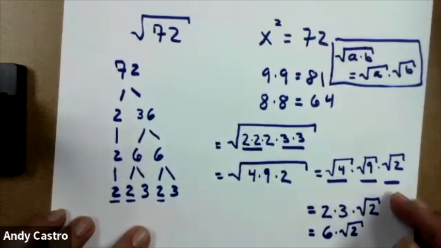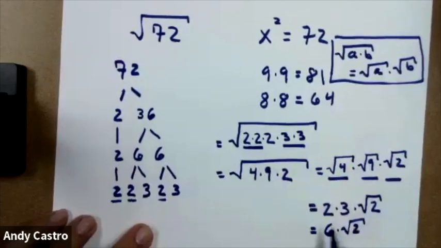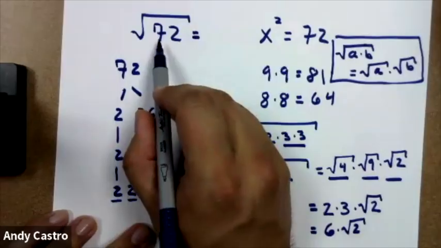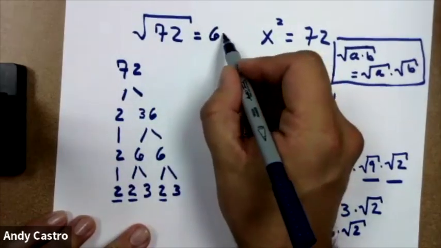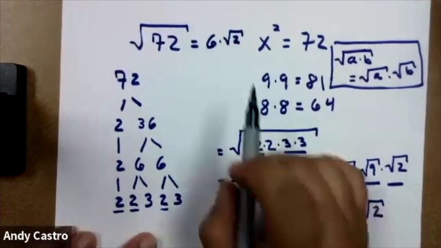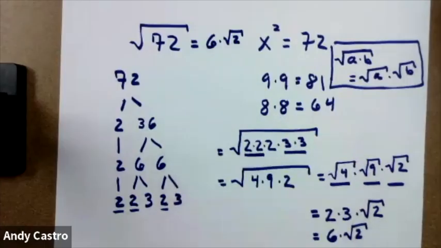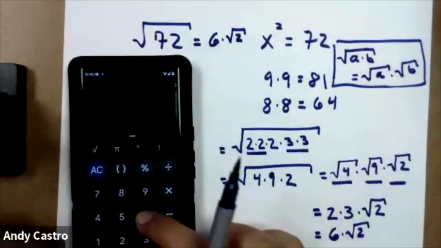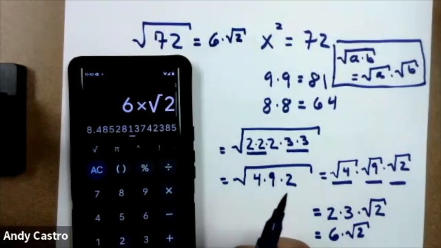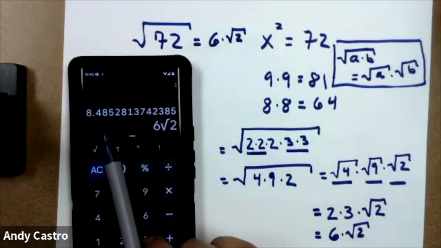So what we're able to do, because 9 is too big, 8 is too small, what we have figured out though, what's perfect for this, is the square root of 72 is 6 times the square root of 2. And if you were to look at it from a calculator perspective, 6 times the square root of 2, you could see that that is 8.48.